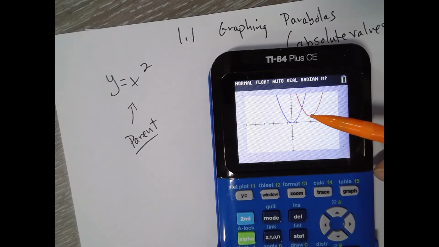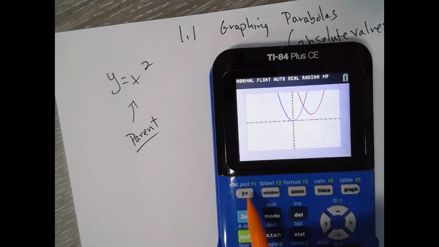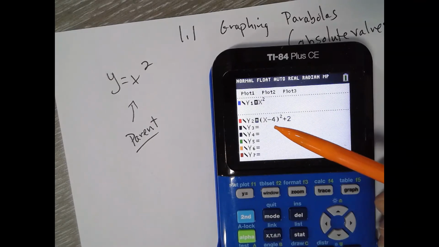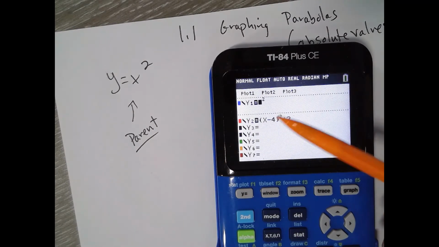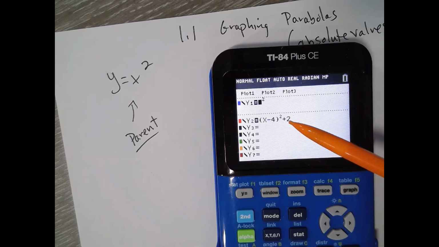So you're going to make sketches on graph paper. If you're given y equals (x minus 4) squared plus 2, you're going to go right 4, up 2, and put a dot.